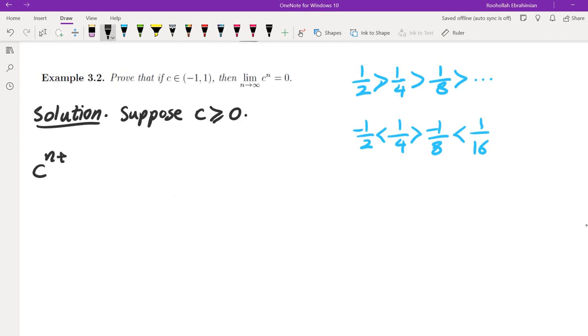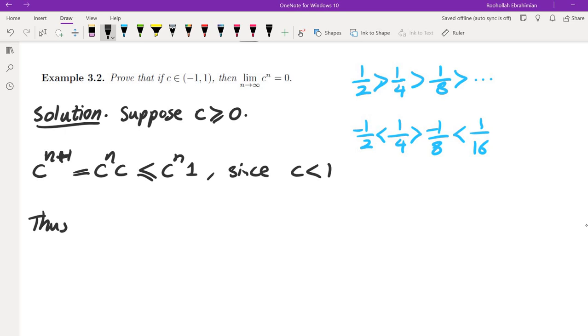If you look at the n plus first term of the sequence, this is c to the n times c, which is less than or equal to c to the n times 1. And since c is less than 1, thus c to the n is decreasing. So we have a decreasing sequence.